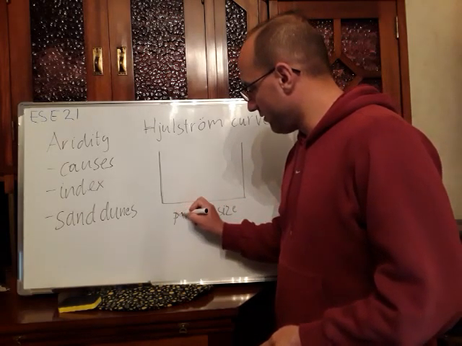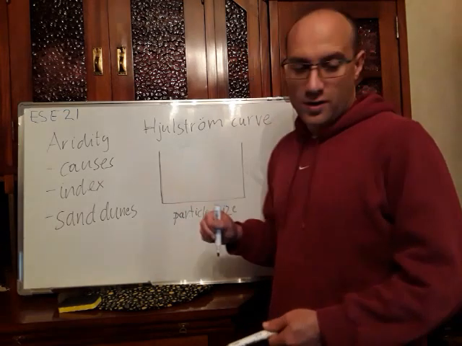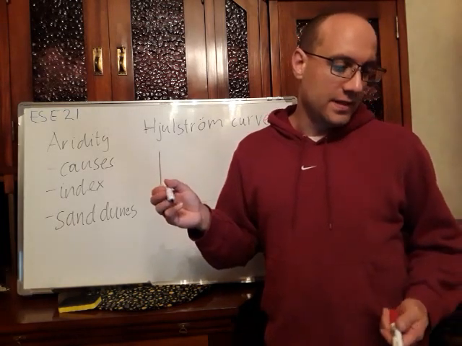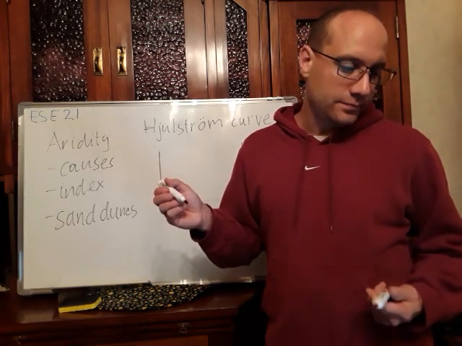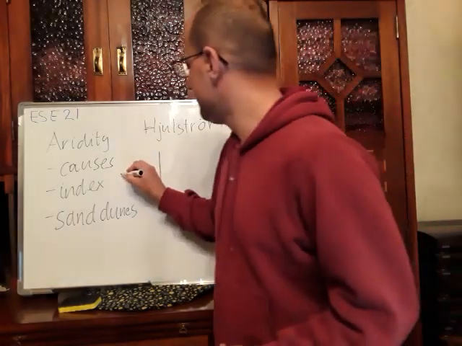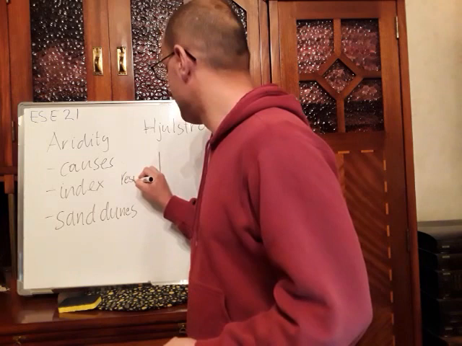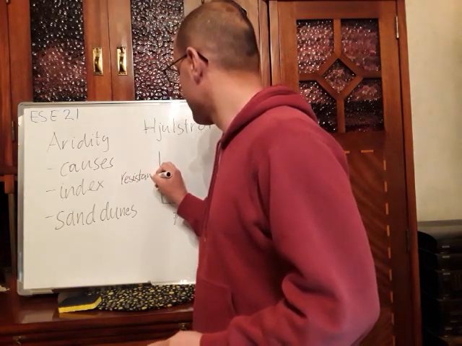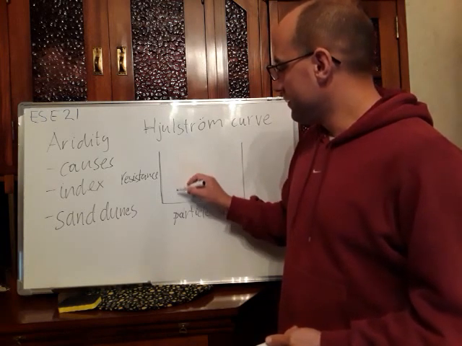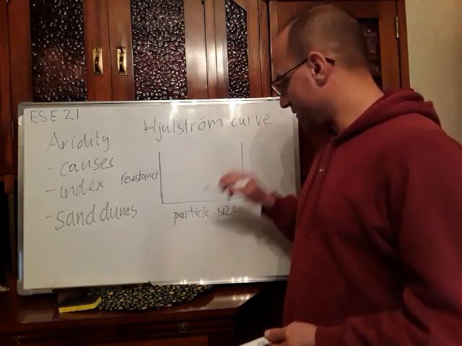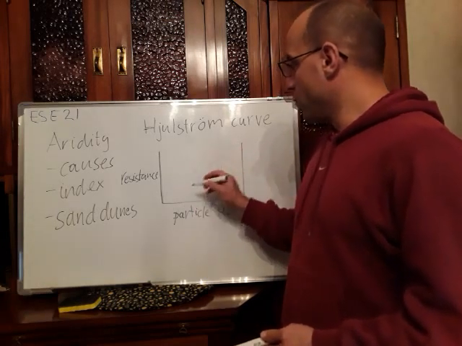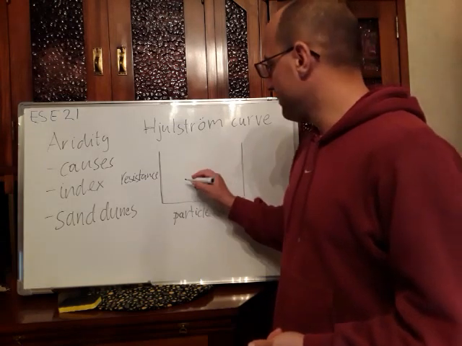and what we also have on this chart is resistance, and what this would look like. It's not a linear relationship, so it doesn't mean that the larger the particle, the more resistance it has.